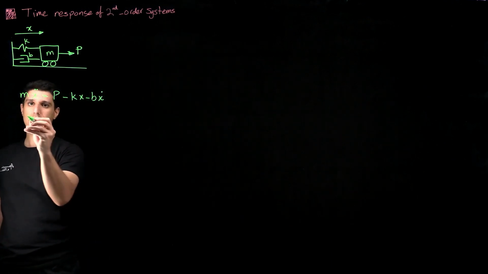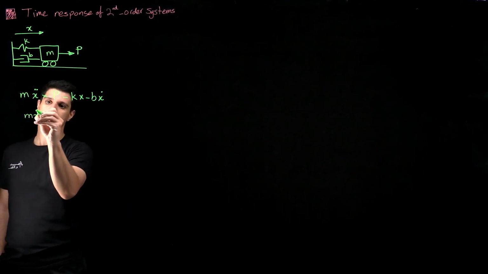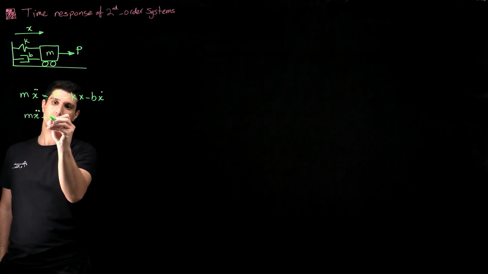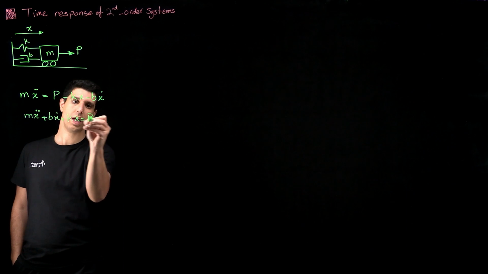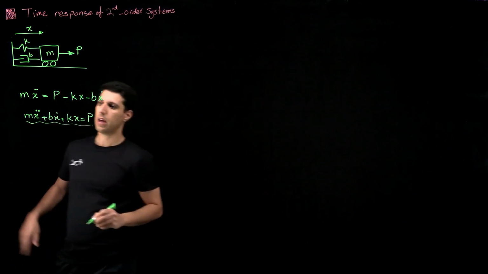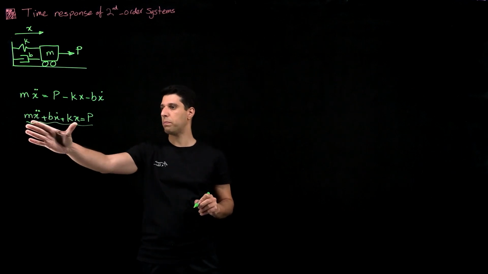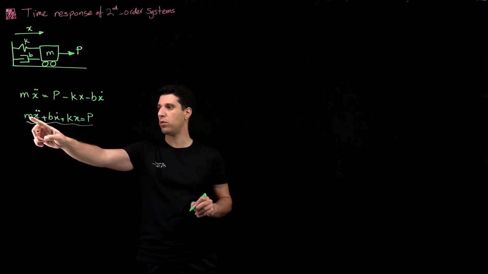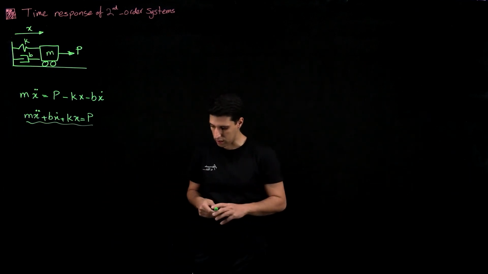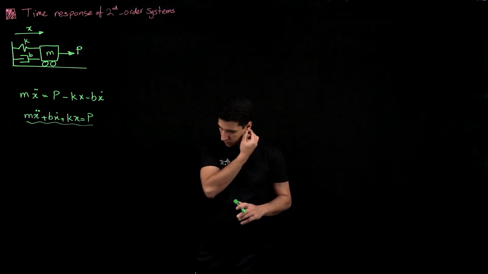Or I can rearrange things and I'll have m x double dot plus b x dot plus kx equals P. And this is the most general form of a second order differential equation. Maybe you want to divide everything by m, so the coefficient of x double dot is 1, but this cannot be more general than that.